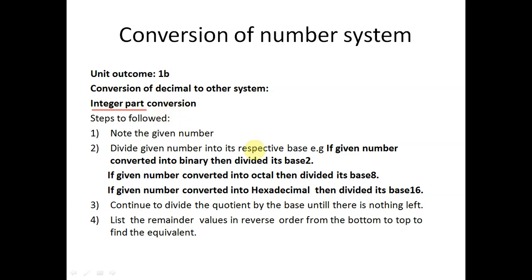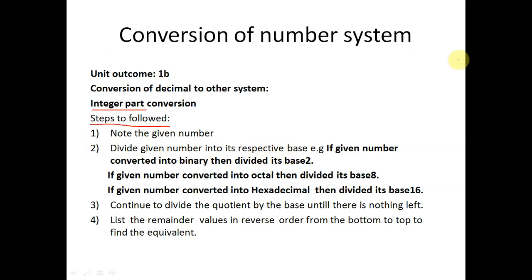First is integer part conversion. These are the integer part conversion steps to be followed. First step is to note the given number. Second step is to divide the given number by its respective base.